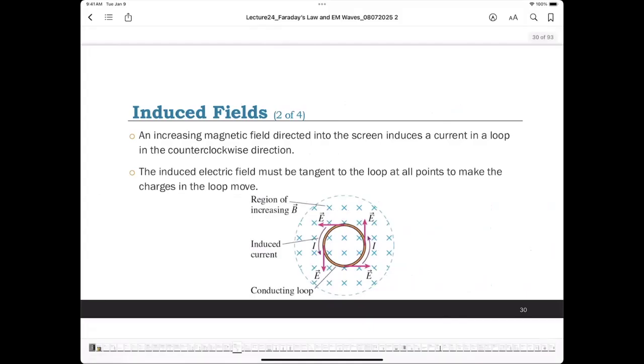An increase in magnetic field directed into the screen induces a current in a loop in the counterclockwise direction, and we have talked about this many times.